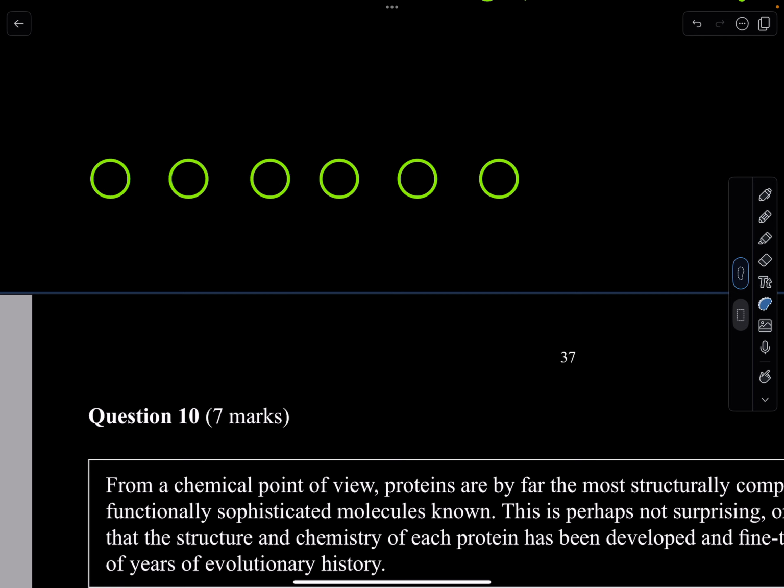And so it's like a sequence. You can see that they're linked. In primary structure, there's only one bonding, and that's called peptide bonding, which is a covalent bonding between amino acids. This is peptide bonding, and that is it.